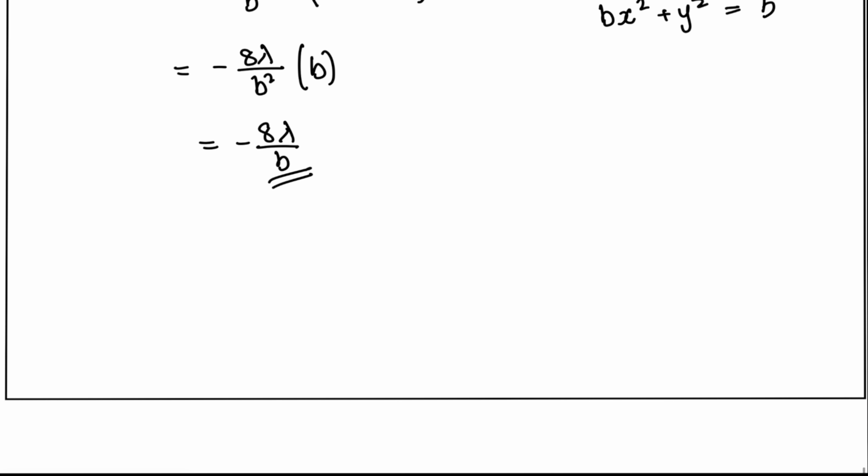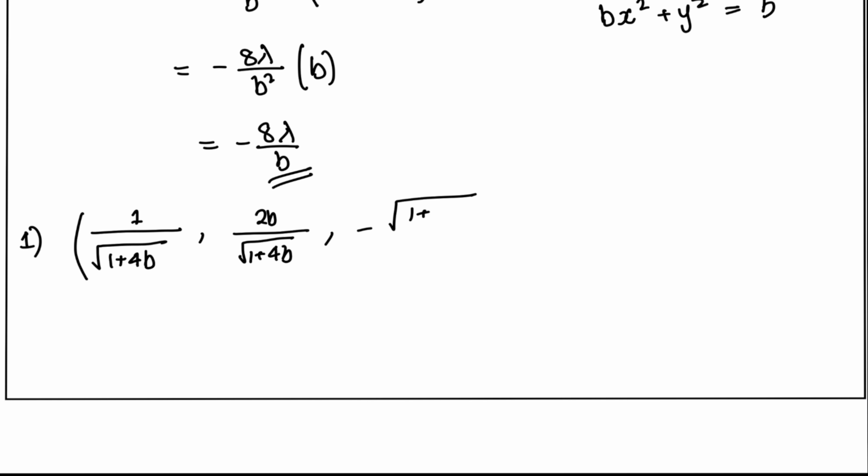So now, if we look at solution number 1, which was 1 over root 1 plus 4b, 2b over root 1 plus 4b, and then minus root 1 plus 4b over 2. So this is x, y, and then lambda.